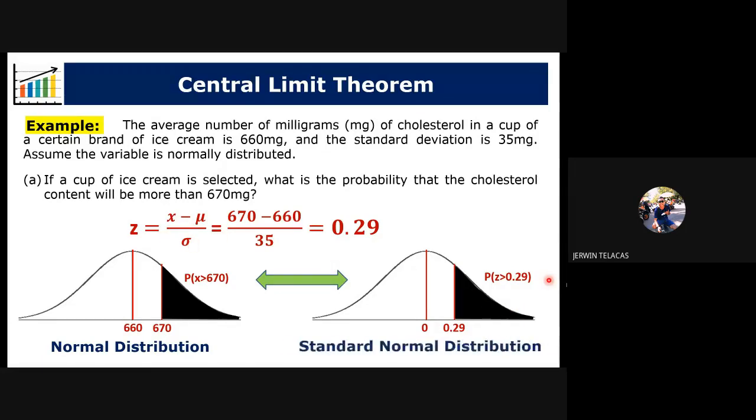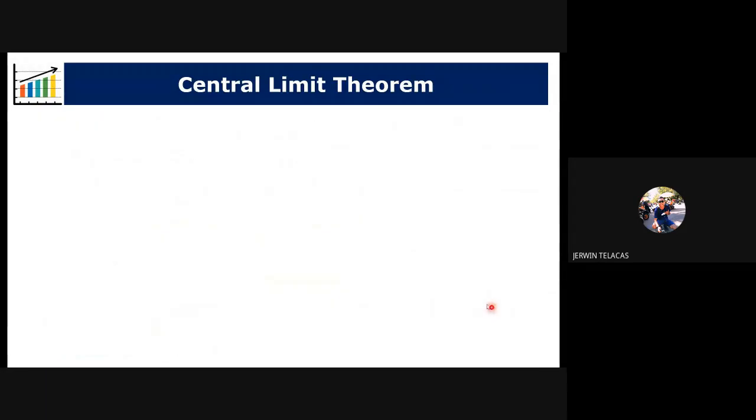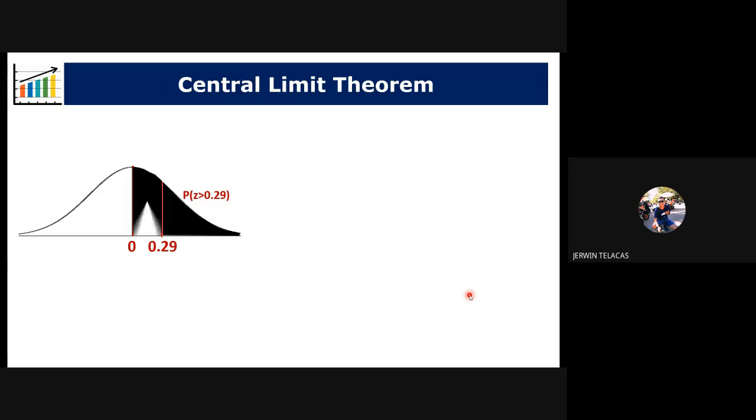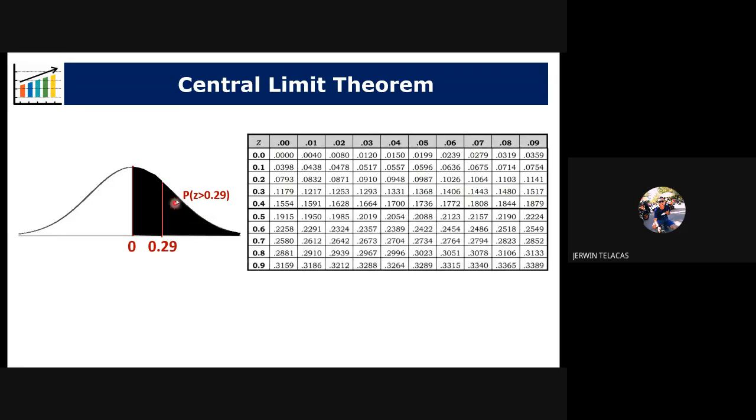Okay. So to find the area of this shaded region, of course, we will be using the Z table. Now, to find the area to the right of 0.29, since sa Z-table natin, ang nakukuha lang natin na value ay between 0 up to the given Z-score, in this case, 0.29.